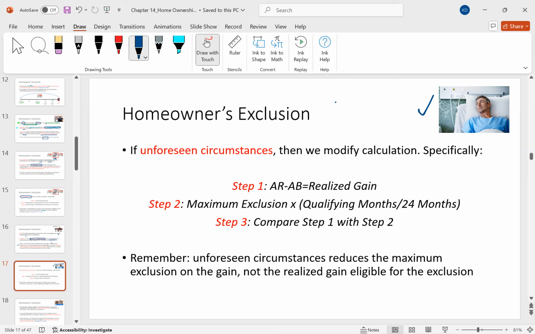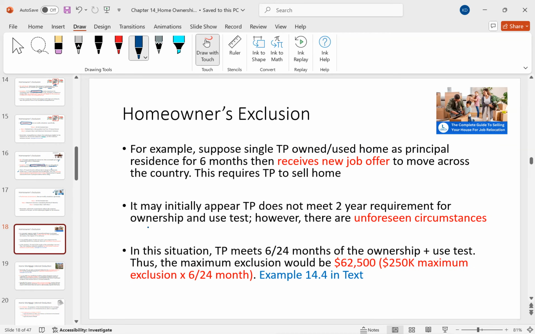So what you do with unforeseen circumstances is you calculate the realized gain, then you take the maximum exclusion, like 500,000 if you're MFJ, 250 if you're single, put that over the months that you lived in it over the 24 months that you needed, and that will give you the amount by which we will reduce the maximum exclusion on the gain.